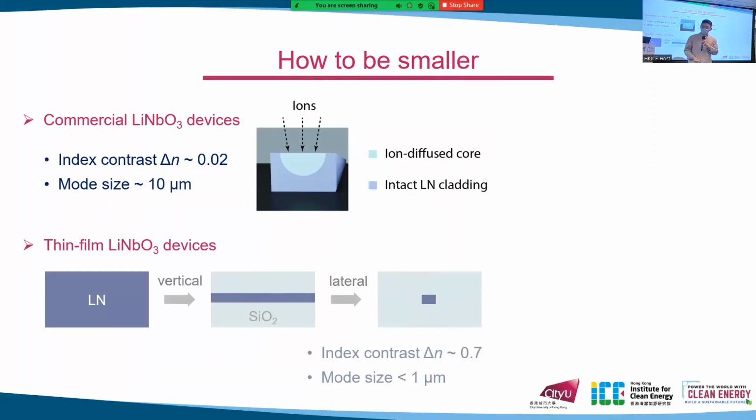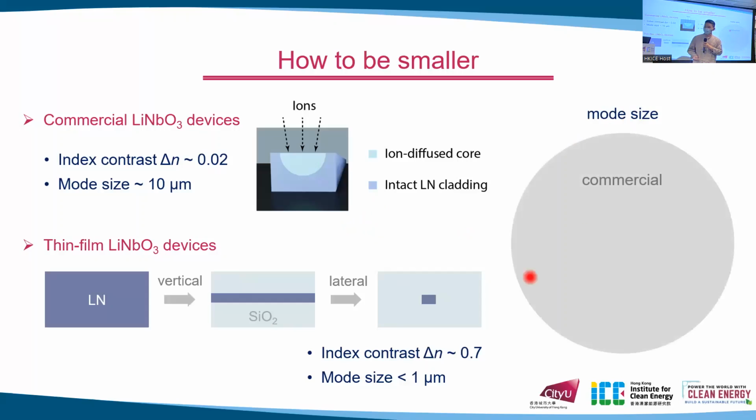In this way, a high index contrast can be realized, and the mode size is much smaller. If we compare the mode sizes, the commercial one has a very large mode size, and for the thin film, we can see a very small mode size.